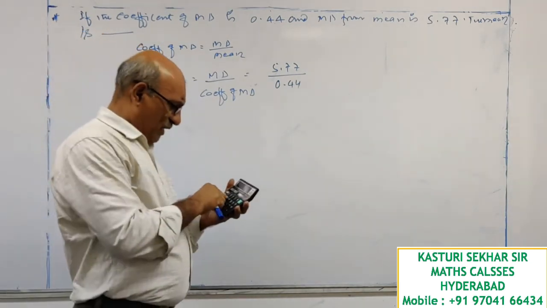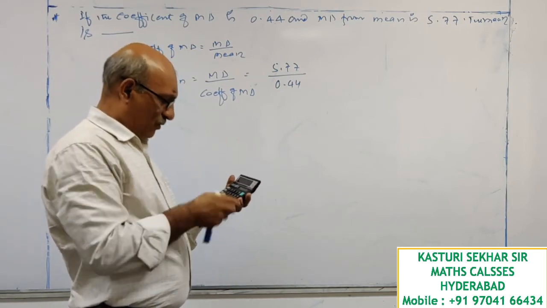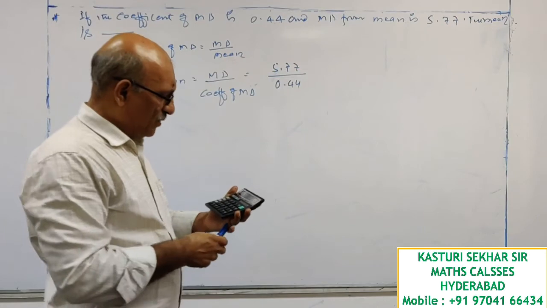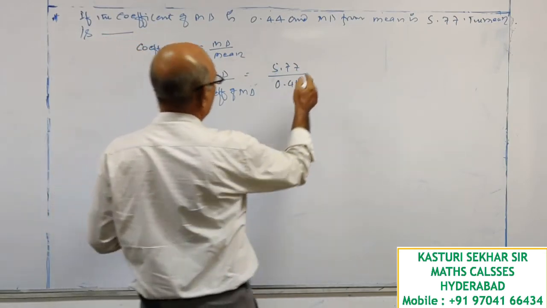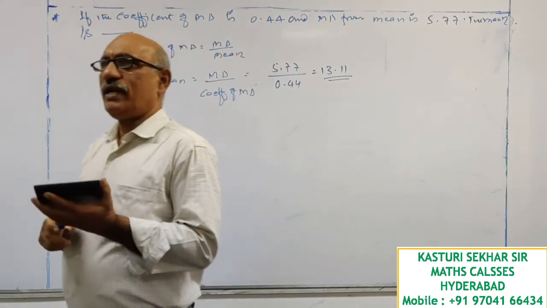This is 5.77 divided by 0.44, which is 13.11. Arithmetic mean is 13.11.